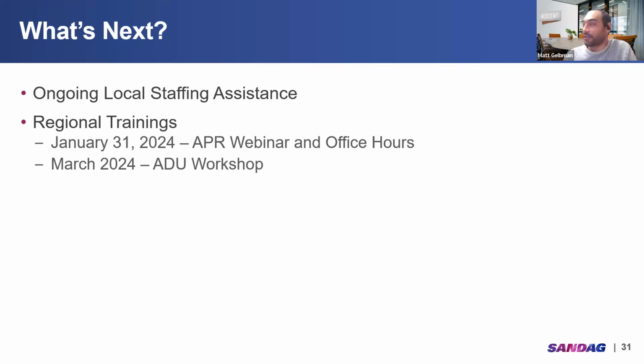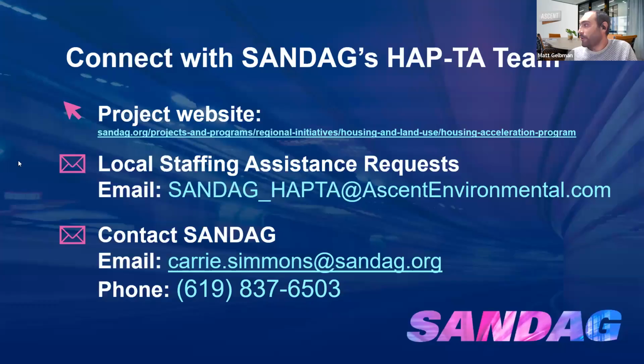So we're looking forward to that. And then in March, we are planning for a workshop on accessory dwelling units. We'll have more details on both those webinars as they become available, and just wanted to get that out for you to plan the early part of your year.